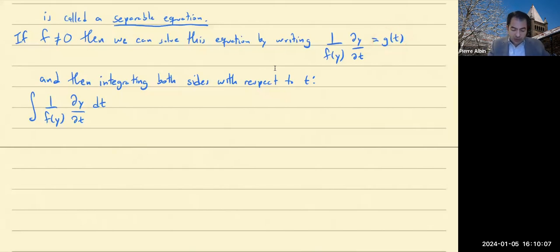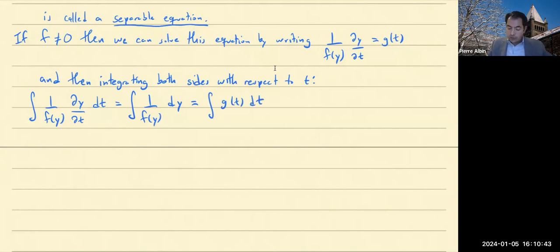But before we write that down, let's stare at this. Notice that here we have the derivative of y with respect to t times dt. And if you think back to the change of variable formula that you learned in calculus, you know that that's the same as the integral of 1 over f of y with respect to y. And then, as promised, that's equal to the integral of the right-hand side with respect to t.